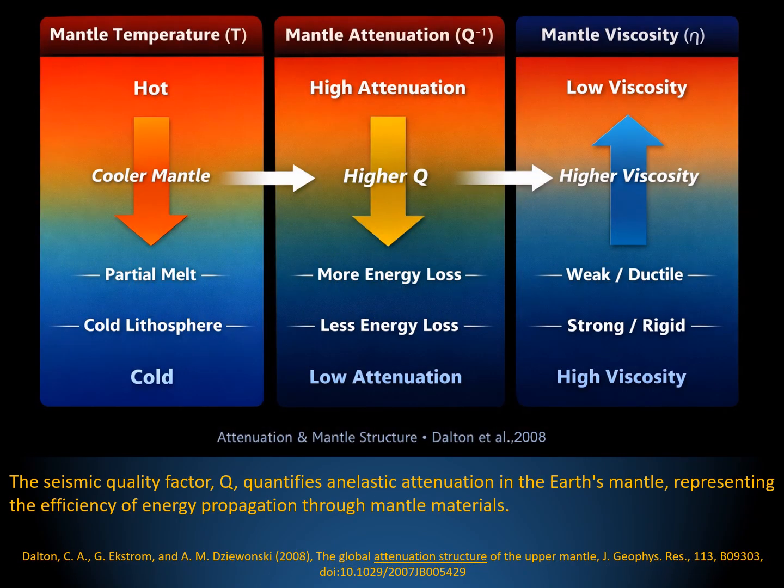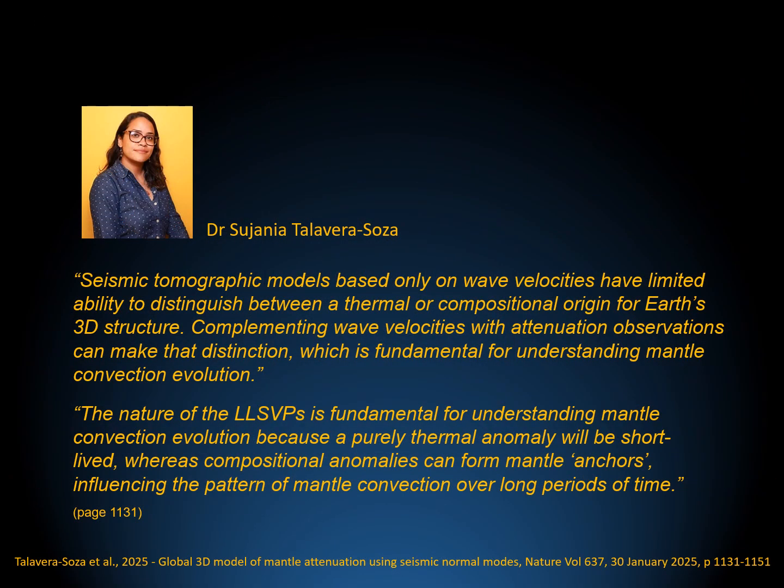Note that mantle attenuation is designated by the letter Q, and this is the seismic quality factor, which quantifies anelastic attenuation in the Earth's mantle, representing the efficiency of energy propagation through the mantle materials. The most comprehensive presentation on the global 3D model of mantle attenuation using seismic normal modes is by Talavera Souza et al.